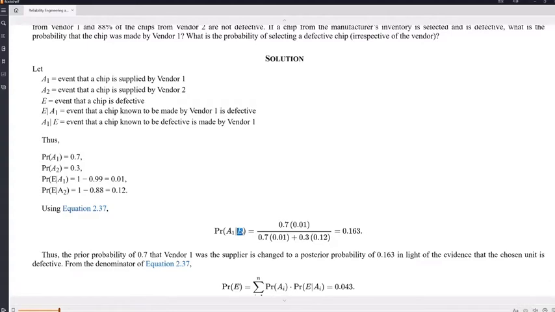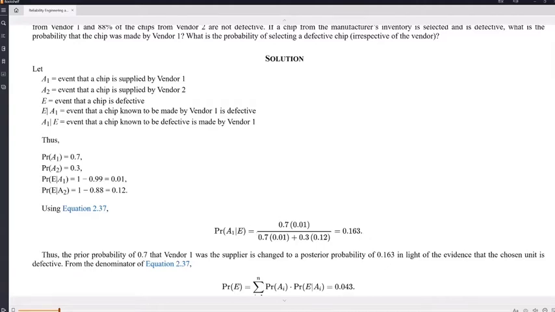And what we would like to know is that given a chip is found to be defective, this is what we call an observation. So we already know that this chip is defective. Then the conditional probability that, given the chip is already defective, it came from vendor 1 is calculated by using Bayes' theorem.